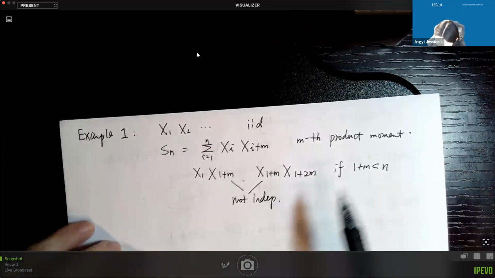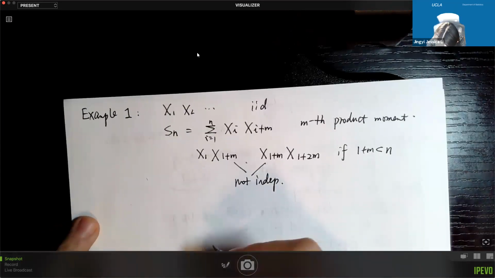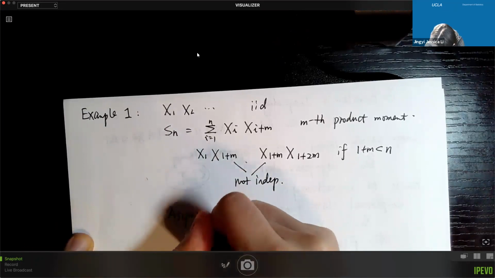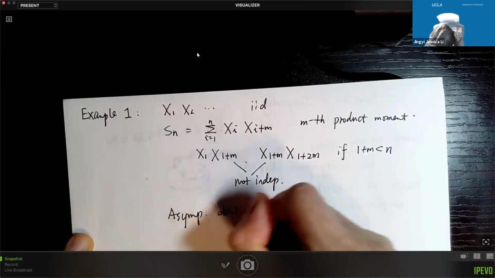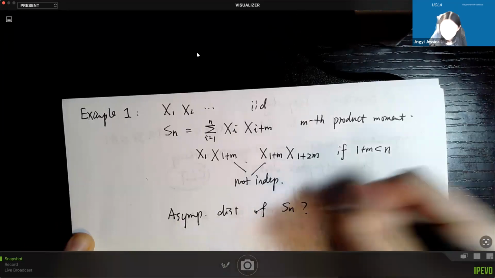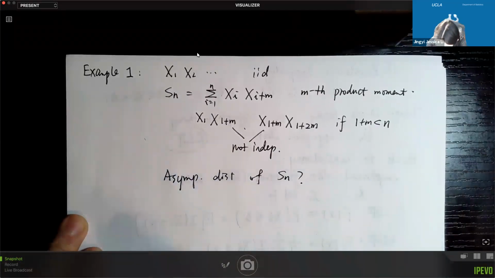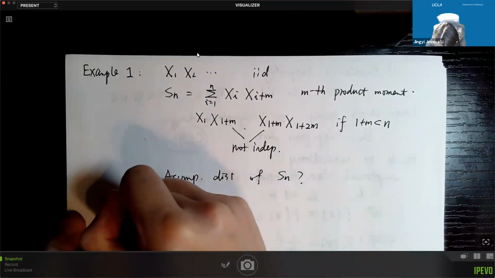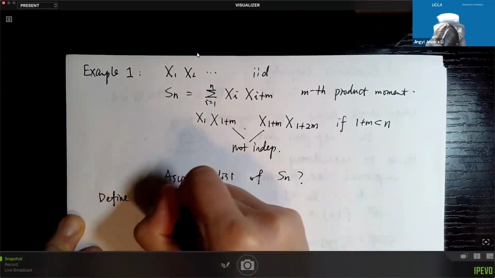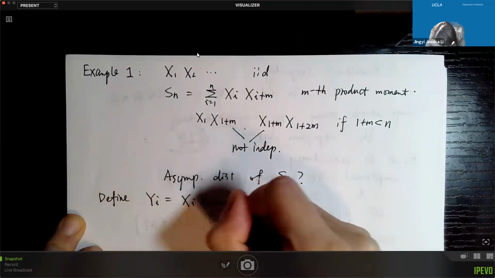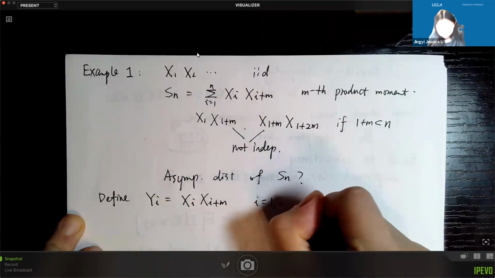So what I'm going to do? Basically, to address the asymptotic distribution of Sn, this is the question I'm going to answer. What I can do is introduce a notation yi, which I define as xi times xi plus m, for i from 1 to n.